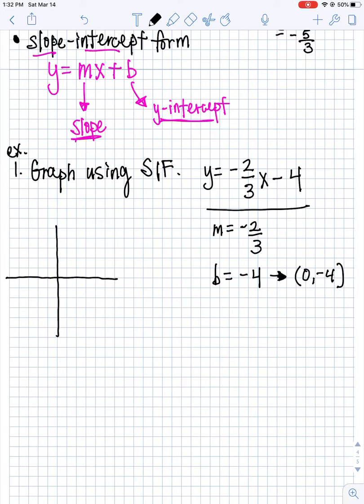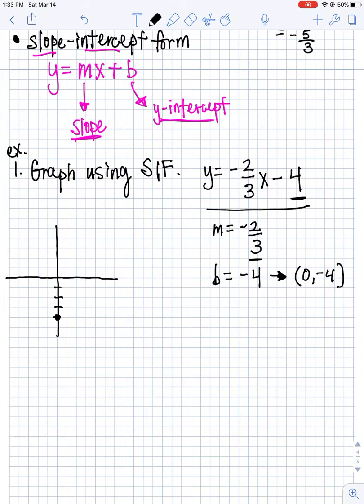When you graph using slope-intercept form, guys, I want you to start with the y-intercept. And the y-intercept is -4, so that's 1, 2, 3, 4. Put a point. And now we use the slope, and I deliberately labeled it because I wanted you to understand this is a negative slope.